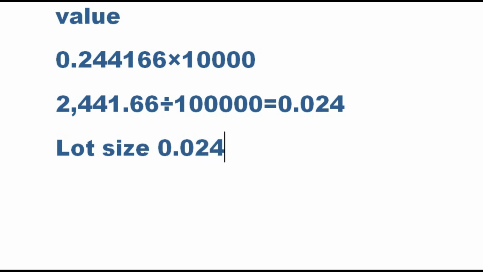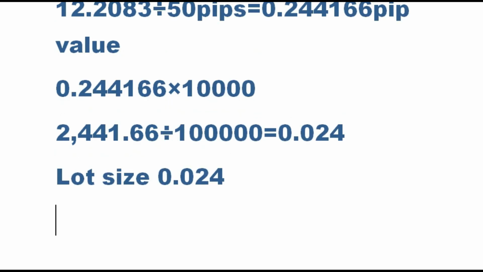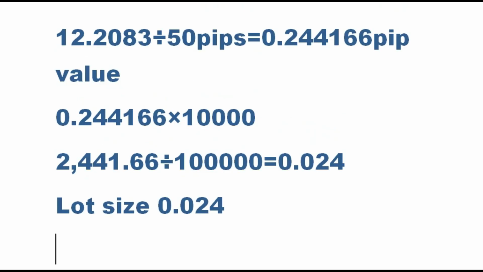That means you're going to apply 0.024 micro lots in your broker to make sure you lose 2%, or you apply the correct position sizing. So let us prove this formula. We prove it by getting the pip value.